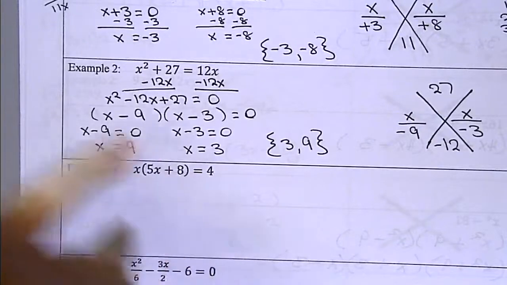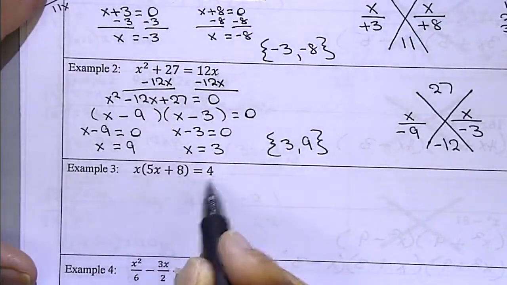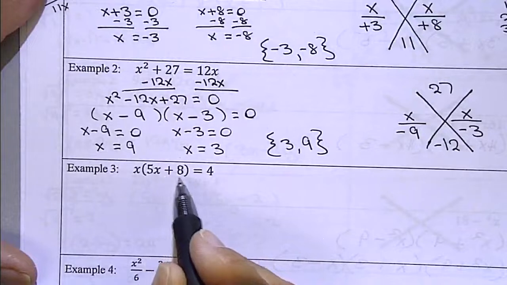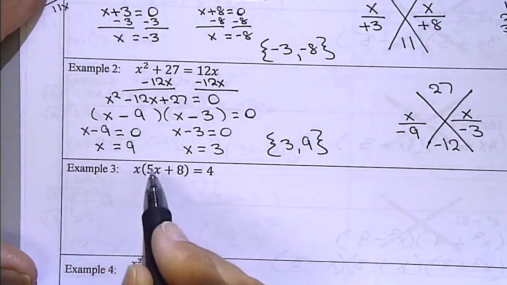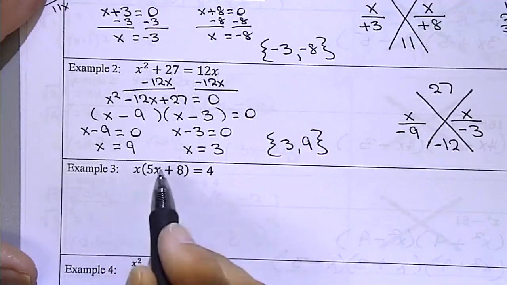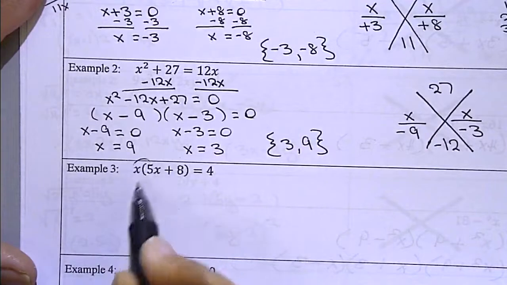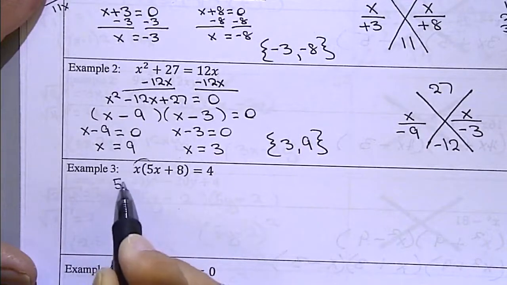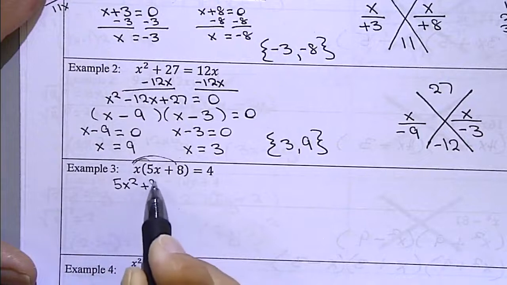So the bottom line is I need to get the 4 to the other side, and I can do that first, but I also need to distribute this multiplication, okay? So I'm going to kind of do these at the same time. I'm going to say x times 5x gives me 5x squared. And x times 8 gives me a positive 8x.